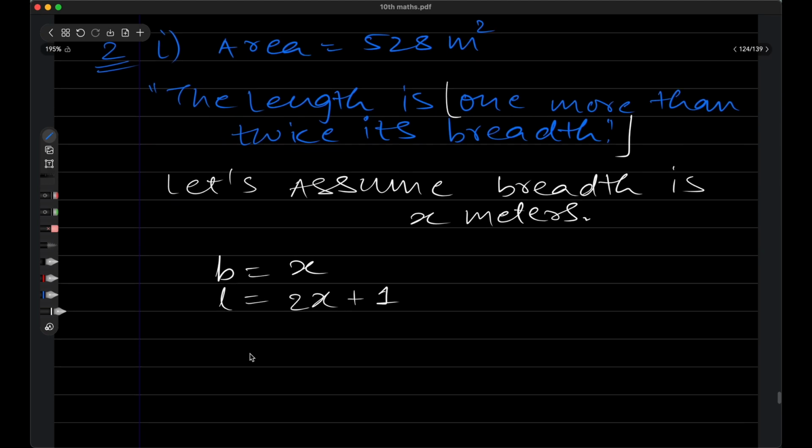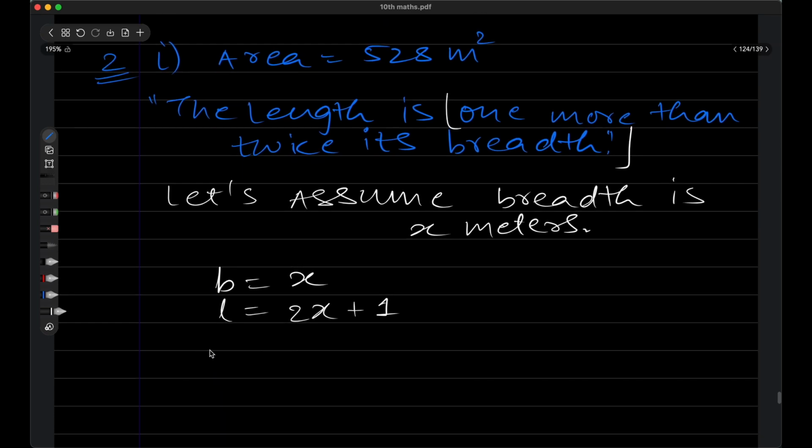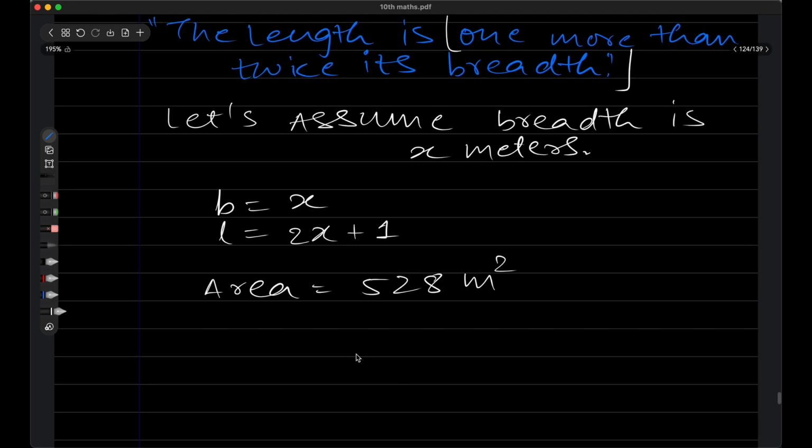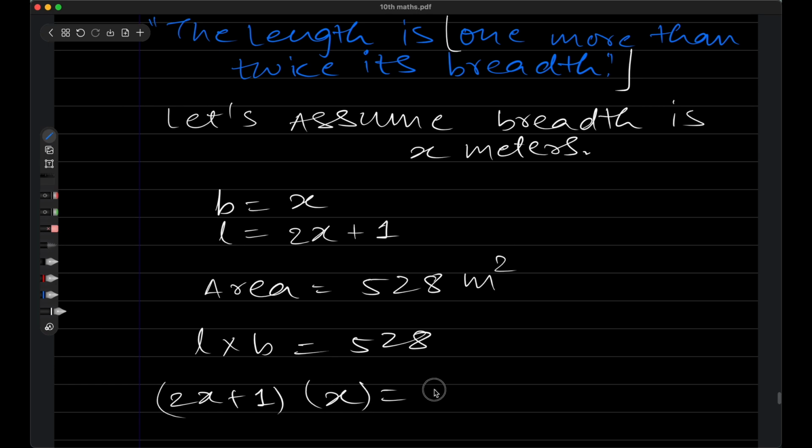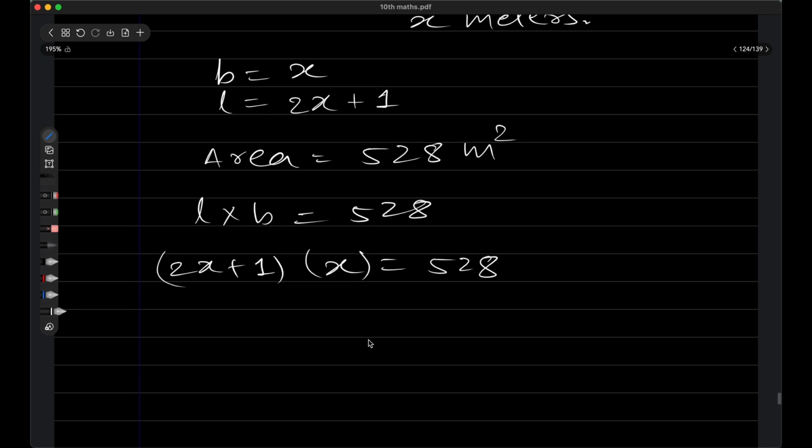Now we have the area equals 528 meter square. Area of a rectangular plot equals length into breadth, that is equal to 528. Length is 2x plus 1, breadth is x, equals 528.